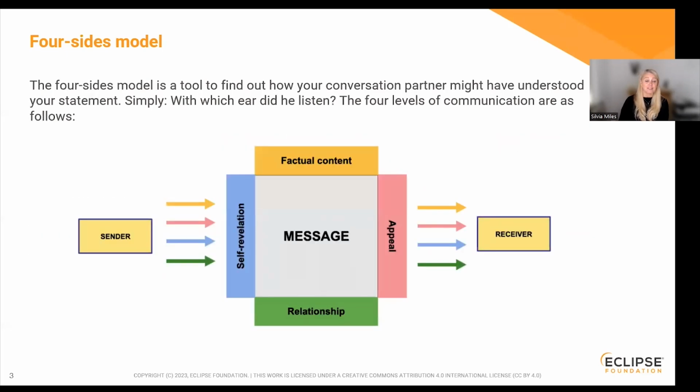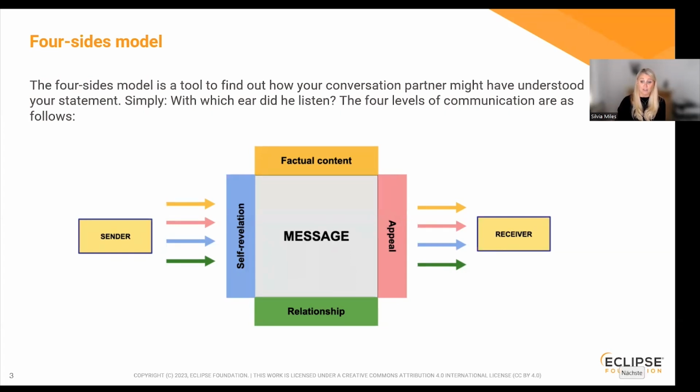So these are the four sides of the four sides model, which is also known in Germany as the four ears model. All four sides are on the side of the sender and the side of the receiver. So we have self-revelation, factual content, relationship, and appeal.